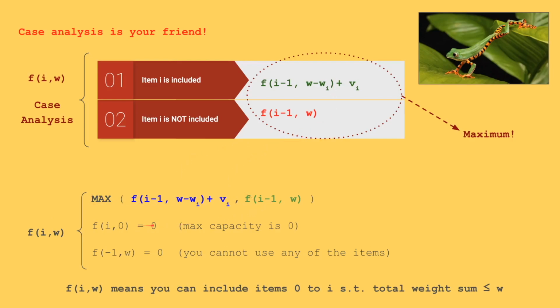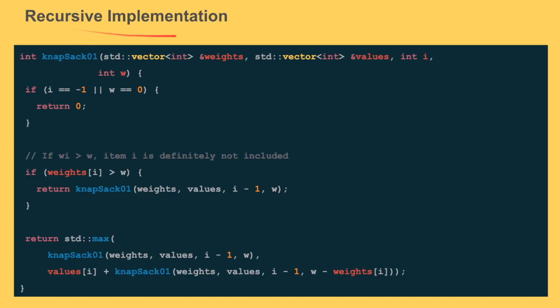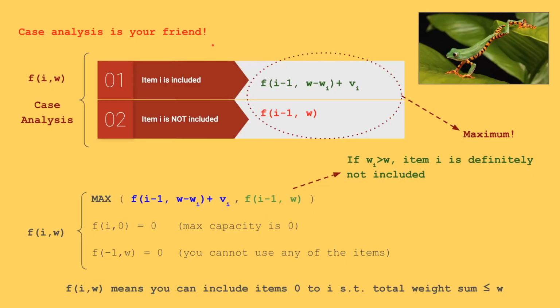And then you have two base cases for when W is equal to 0 and I is equal to minus 1, which basically means you cannot use any of the items. Using this, we can now write a recursive implementation, which is basically the translation of our recursive case analysis.